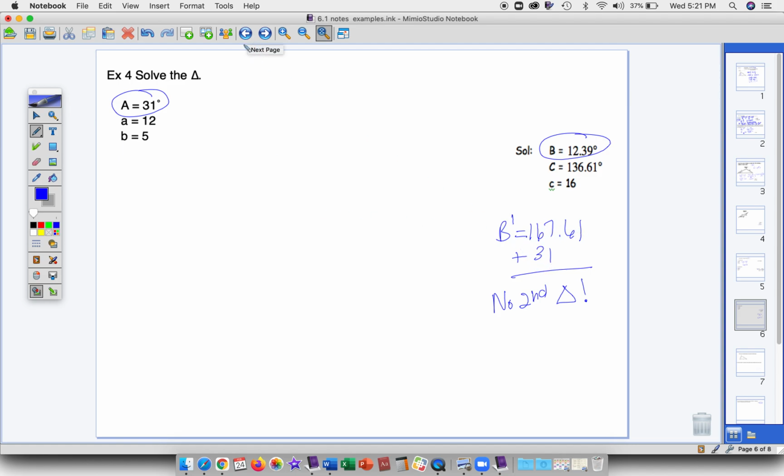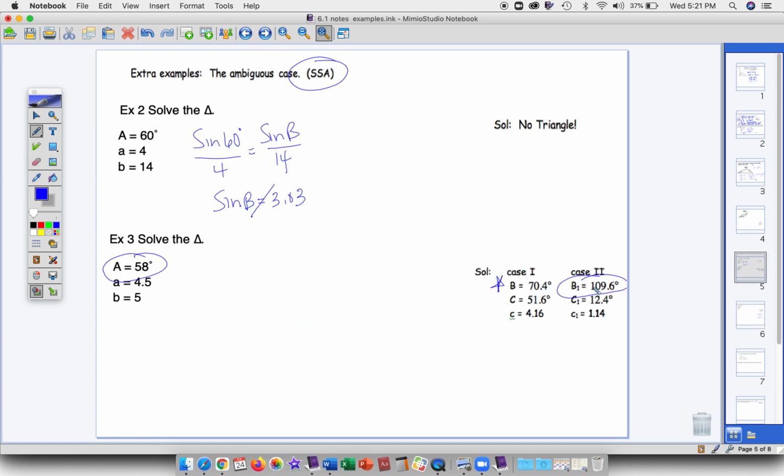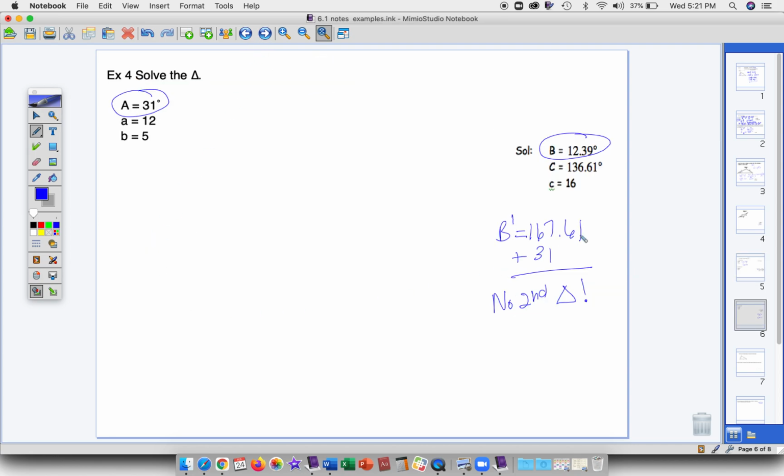And if the supplement is small enough, like this case, that when added to the original angle, I still have room for a third angle, I've got two triangles. If the supplement is too large when added with the given angle, then I don't have two triangles, I only have the one triangle. And hopefully you got the rest of these parts in your solving process. If you didn't get any of these solutions, please ask in class and we'll go through it.